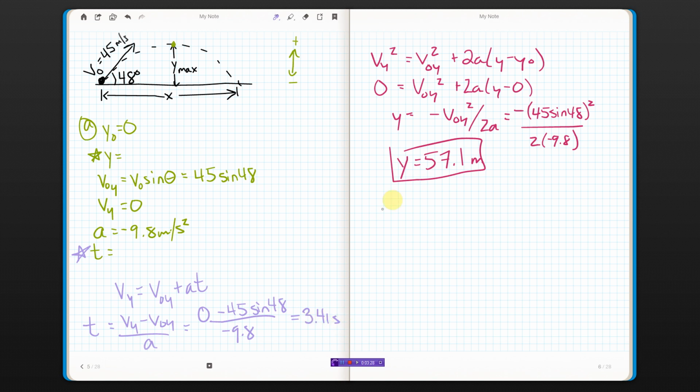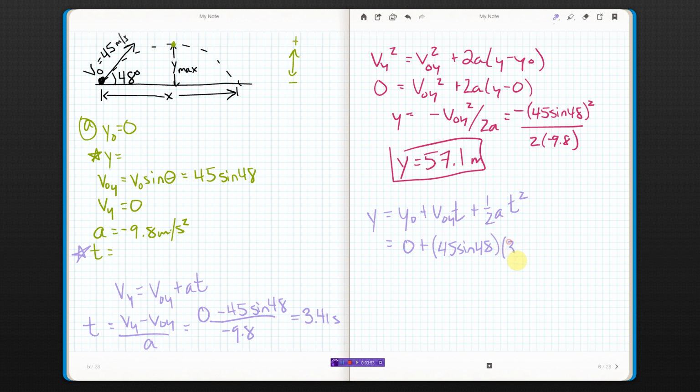Then with that time, I could use this equation to find y. It's already solved for y, so I just have to plug them in. Starts at 0. V naught is 45 sine 48.